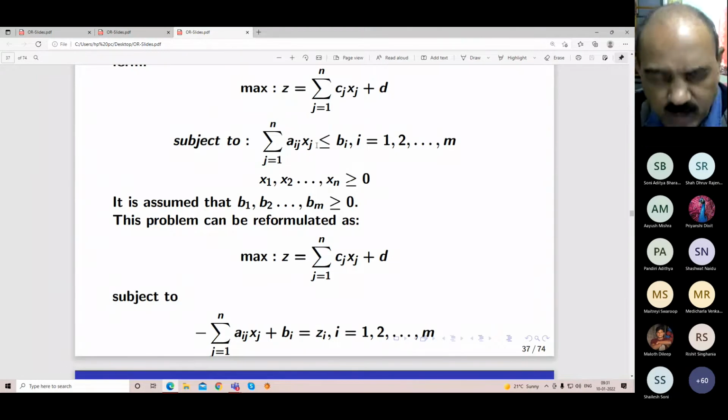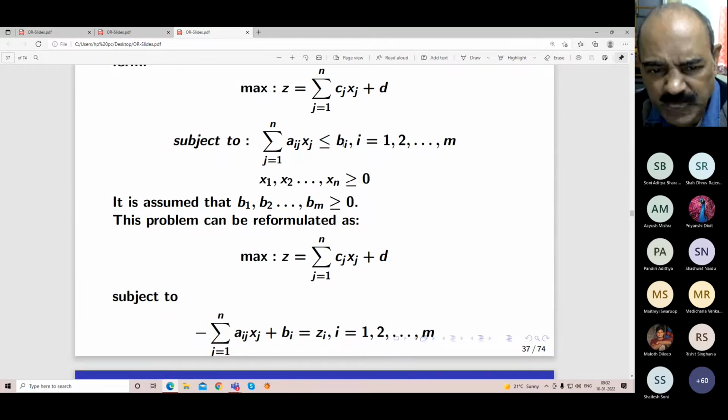Once I am adding a slack variable, I am giving it a new name. Let me say for i equal to 1, my slack variable is z1, which is non-negative.